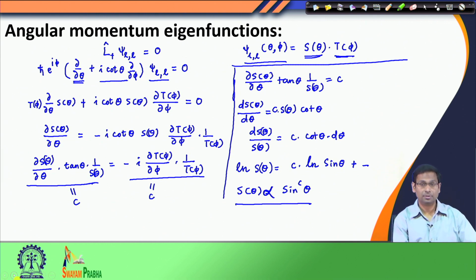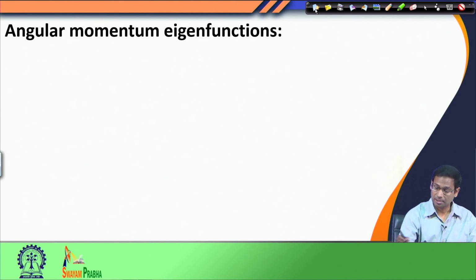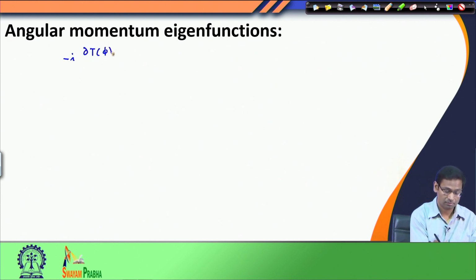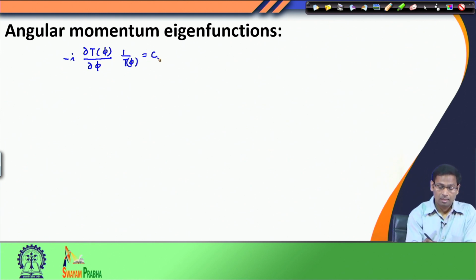Now, we have taken care of the left hand side term. Now, we would go to the right hand side term, because the right hand side has only phi related terms. So, to do that I start with the right hand side term, which had this term.